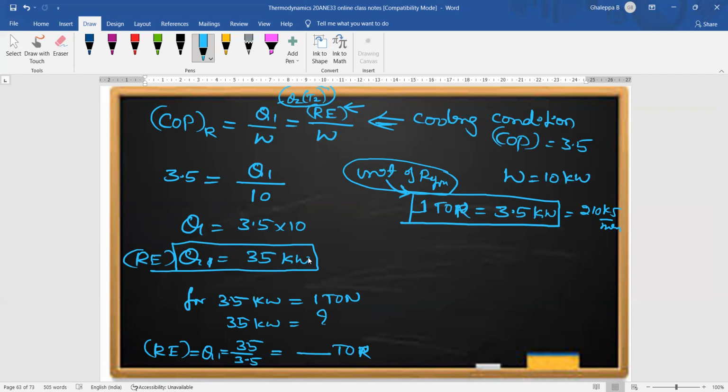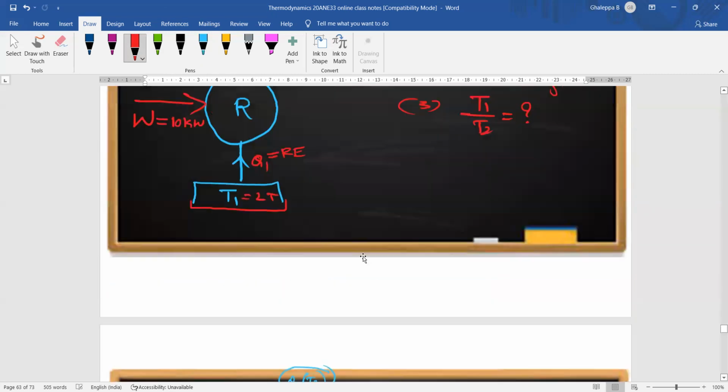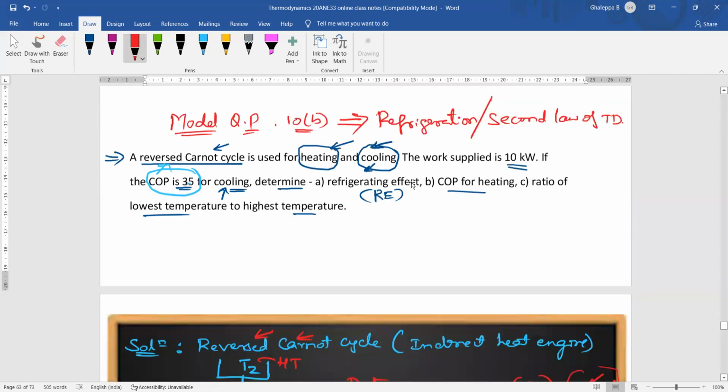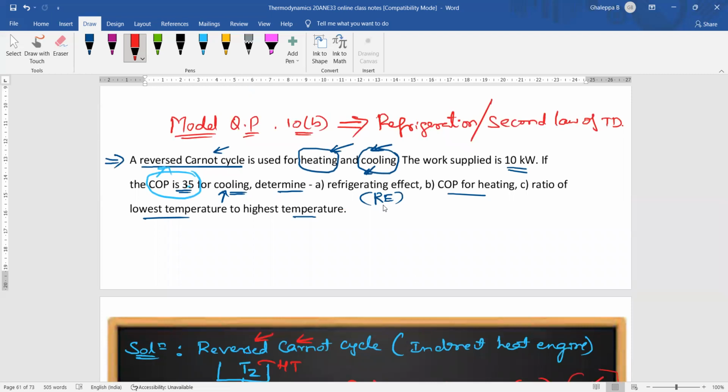Whatever the value is, you write it here. In the question paper, he has not asked for any particular condition, he has just asked for the refrigerating effect, so either you can put kilowatt or tons of refrigeration, no issues.